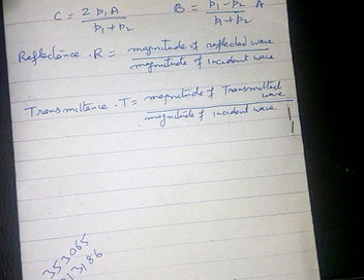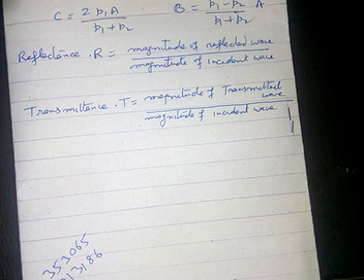So applying the second boundary condition, we get p2 c equal to p1 into (a minus b).